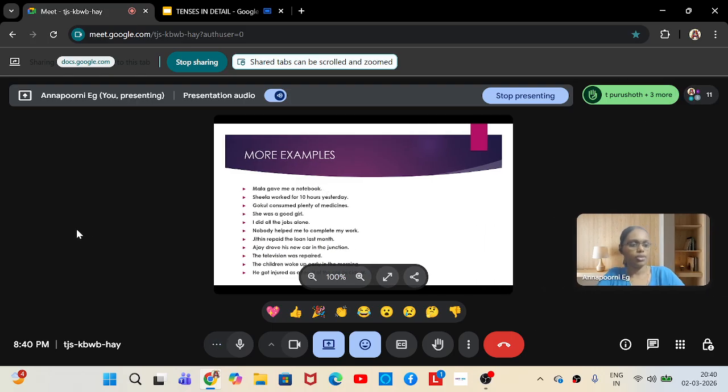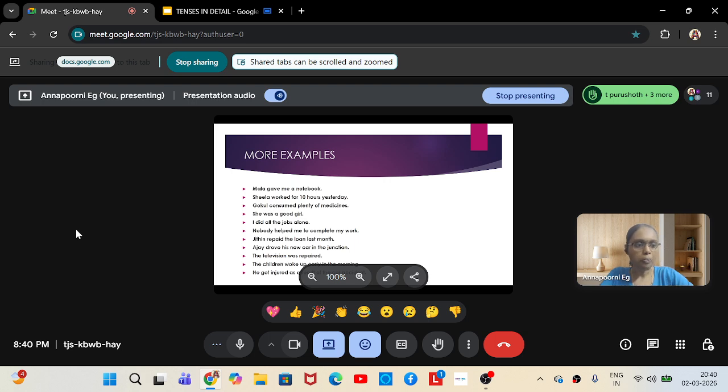Mala gave me a notebook. Sheila worked for 10 hours yesterday. Gokul consumed plenty of medicines. She was a good girl. I did all the jobs alone. Good. Shreya, you can continue. Nobody helped me to complete my work.